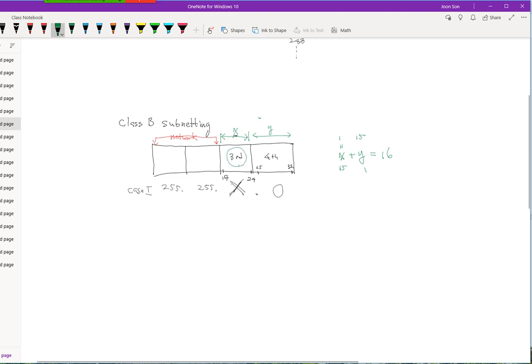So that means X could be what? X could be 1, 2, 3, and all the way to 8.